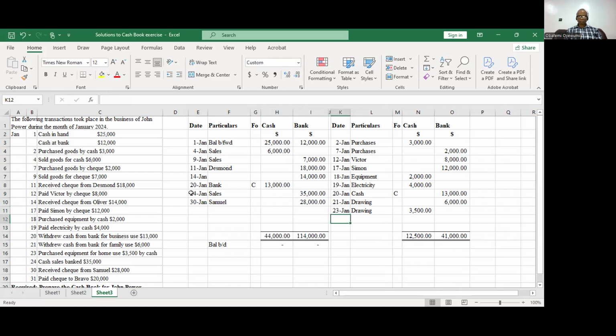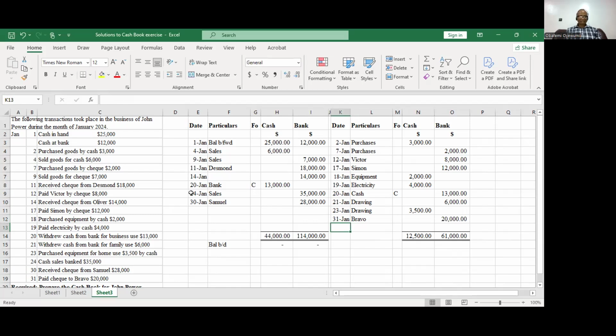So come to the credit side, because that is a payment. On the 31st of January, paid check to Bravo, and we have the name Bravo there. So how much was paid? Check $20,000.